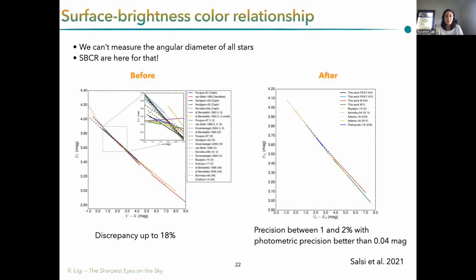There have been some studies to refine these laws, and now we reach 1 to 2% precision on this law according to the classification of the star. But this requires good precision on the photometry. So I recommend to see, for example, the paper of Anthony Salsi, who found the laws.